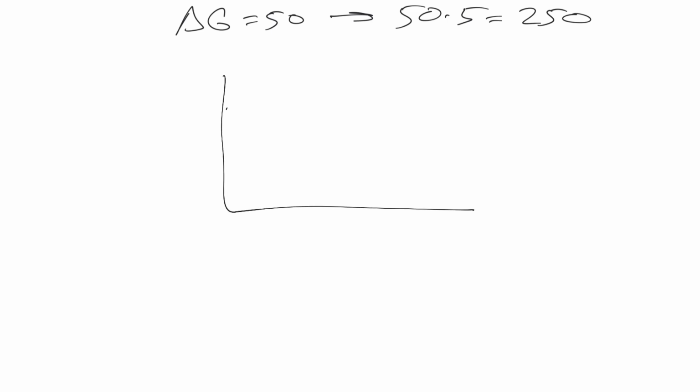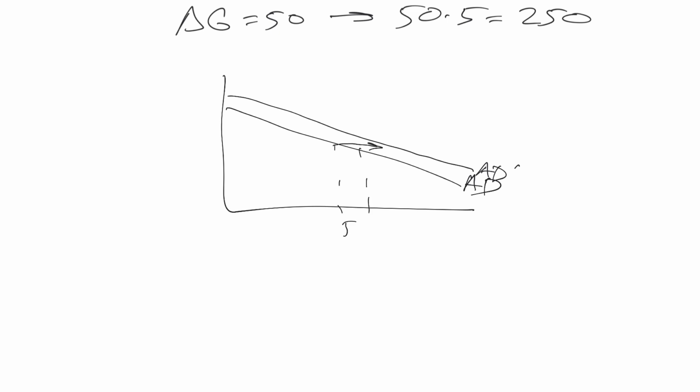So if we draw this out, aggregate demand shifts out to aggregate demand prime, initially shifting out by 50. That's a distance of 50. But through the multiplier effect, it's going to go out another 200 for a total of 250. The shift is going to be 250.